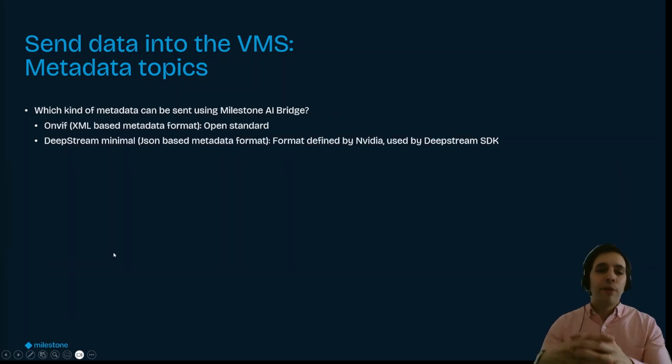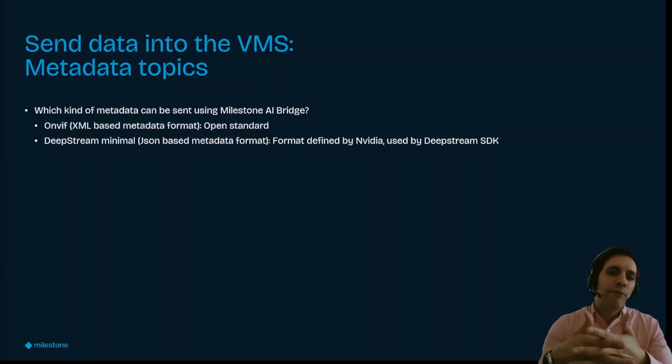In regard to the format, AI Bridge supports 2 main formats. ONVIF, which is an XML-based metadata format, is an open standard highly embraced by Milestone. It offers direct integration with the smart search on the Smart Client. We also support DeepStream Minimal on AI Bridge. It is a JSON-based format defined by NVIDIA and used in frameworks such as DeepStream SDK.